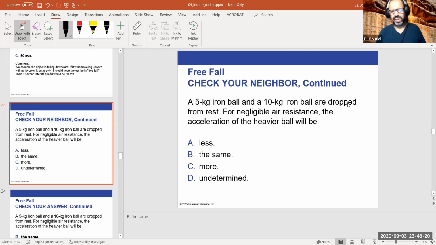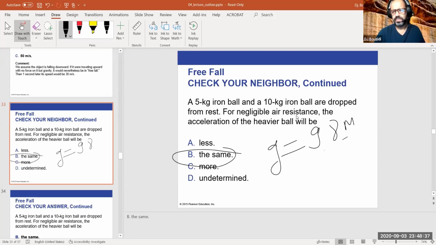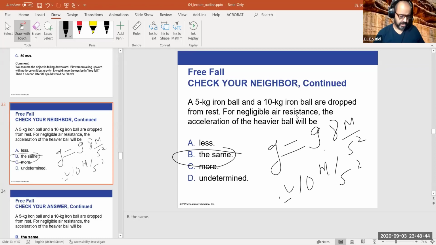The acceleration of the heavier ball will be less than, the same, or more. It should be the same, because we just argued from the previous diagram that if you double the mass or halve the mass, it doesn't matter. The acceleration is always g in this case, which is 9.8 meters per second squared, or approximately 10 meters per second squared. It's the same thing.